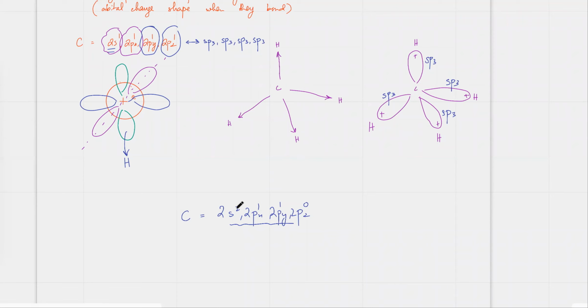Instead, all the electrons get spread out in different directions. The electrons are no longer going to be together, even though initially the s orbital had two electrons. Imagine there are two electrons in the s. One electron gets pulled in this direction, the other one gets pulled in this direction. So now they're kind of in separate orbitals. Is this idea clear?